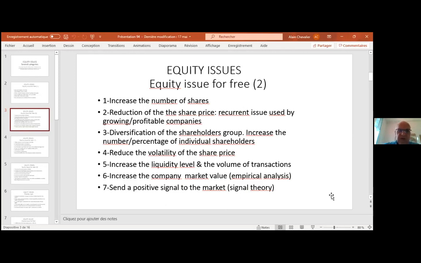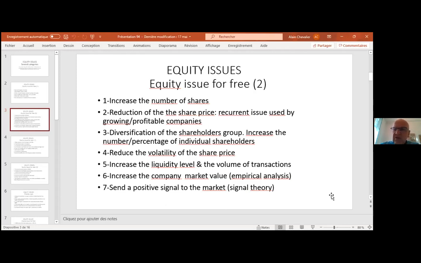So the question behind, what is the analysis our CFOs of growing companies, profitable companies? Do they want to keep the price of a share approximately at the same level in the medium term at least, or do they accept an increase into the price?